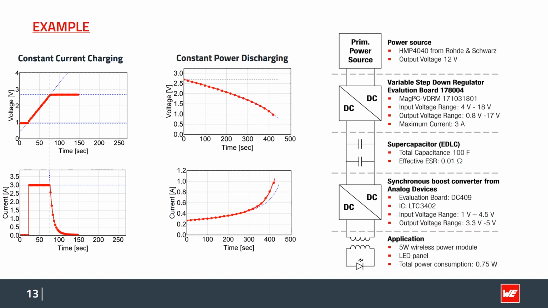It is charged with constant current. If you look at the graphs on the left side, at least most of the time it is charged with constant current. In practice, any constant current charging is accompanied by a constant voltage charging as the capacitor reaches its rated voltage.